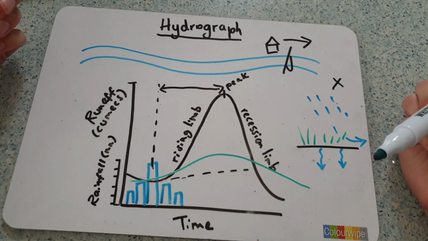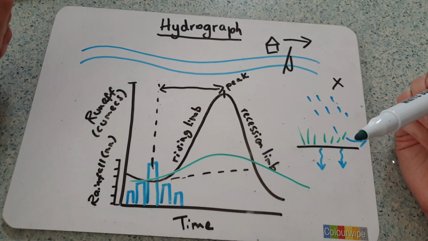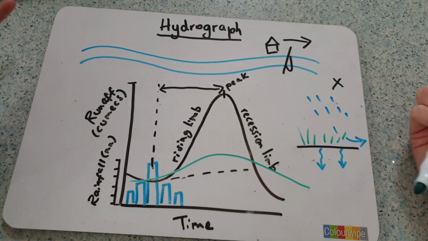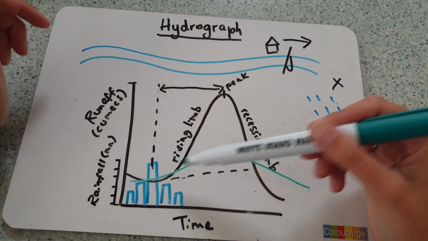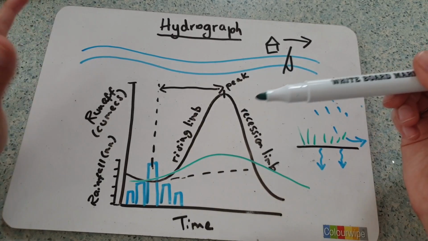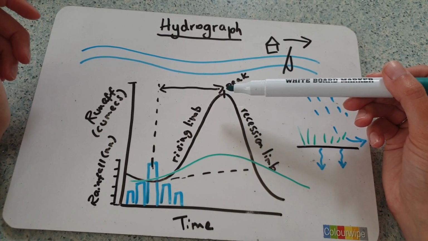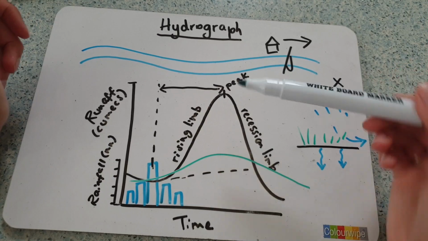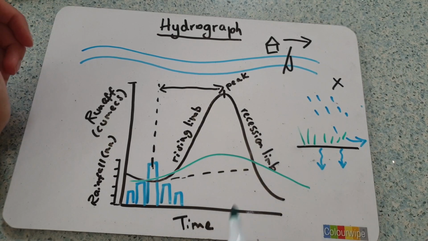I'll give you an example. If you've got a very large drainage basin, you're likely to get a very large peak, because a large drainage basin means lots of water, means a big river. You're going to get a big peak. If you've got quite a small drainage basin, you're more likely to get a smaller peak.